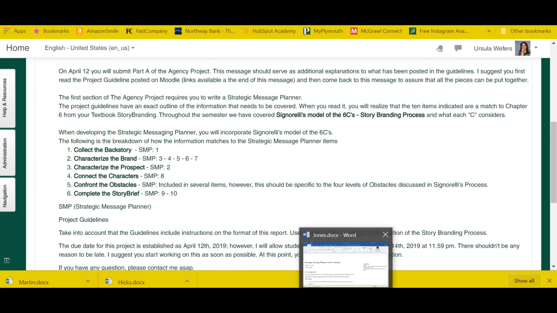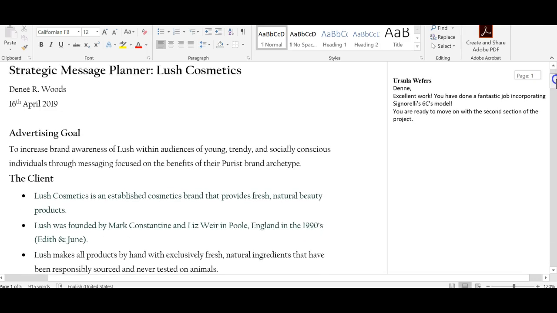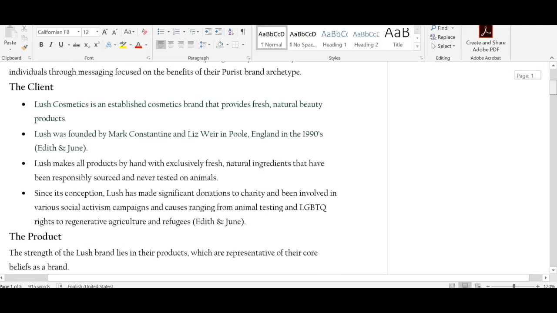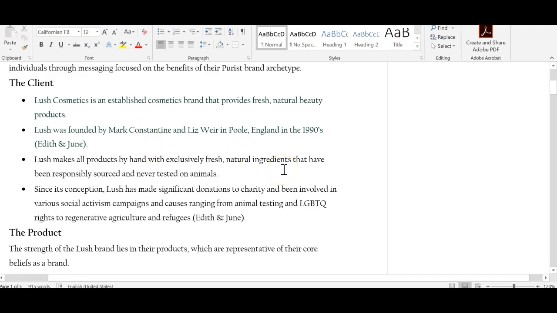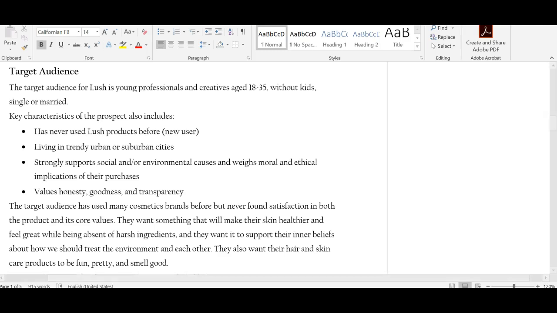So I have here a strategic message planner that was successful, and this belongs to Denise Jones. So I'm just going to go briefly through it. She discussed the advertising goal. She talked about the client. She gave information about the back story. Then she went through the product, and what she did correctly is, for example, here, the target audience.